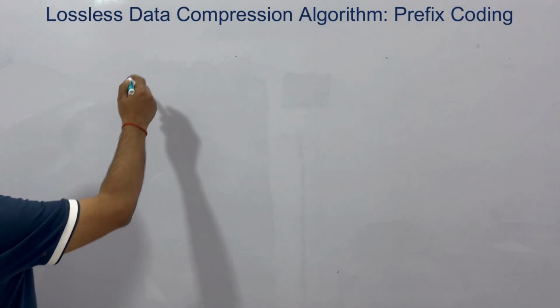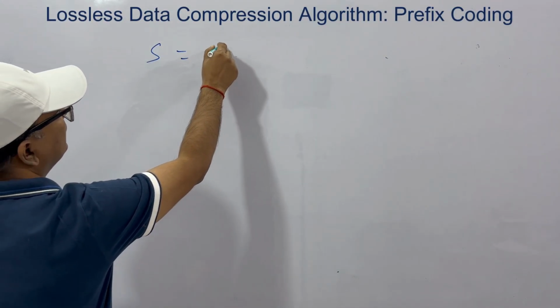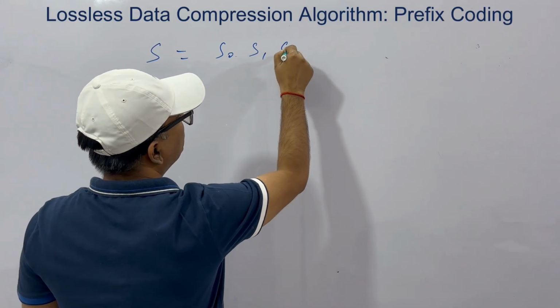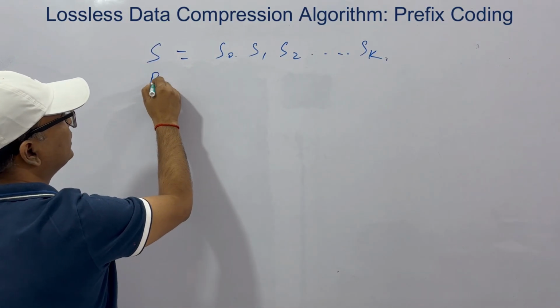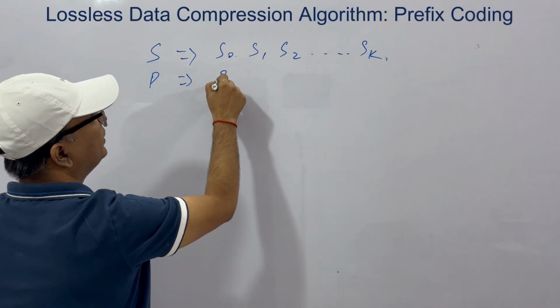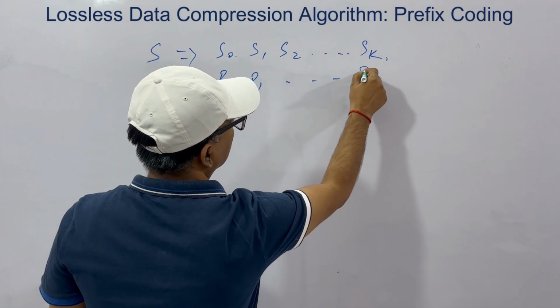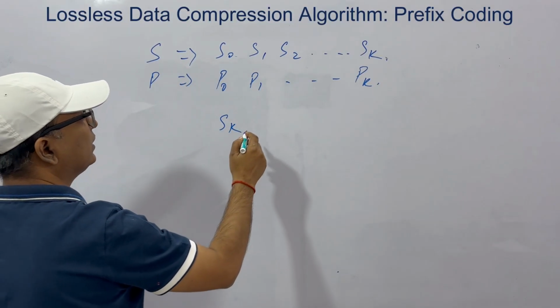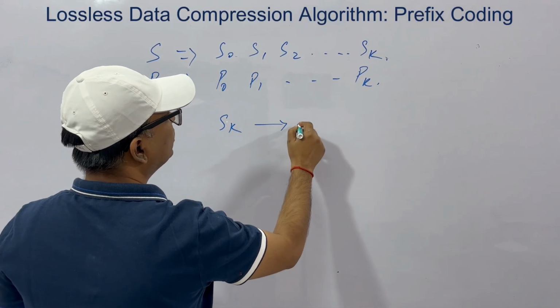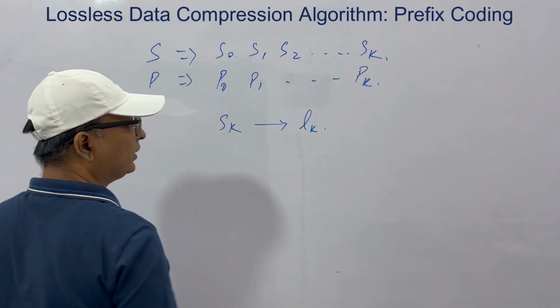Kraft inequality: if we have symbols S0, S1, S2 and so on, say Sk, and the probabilities associated with them are P0, P1, Pk, and the kth symbol Sk has code word length Lk.